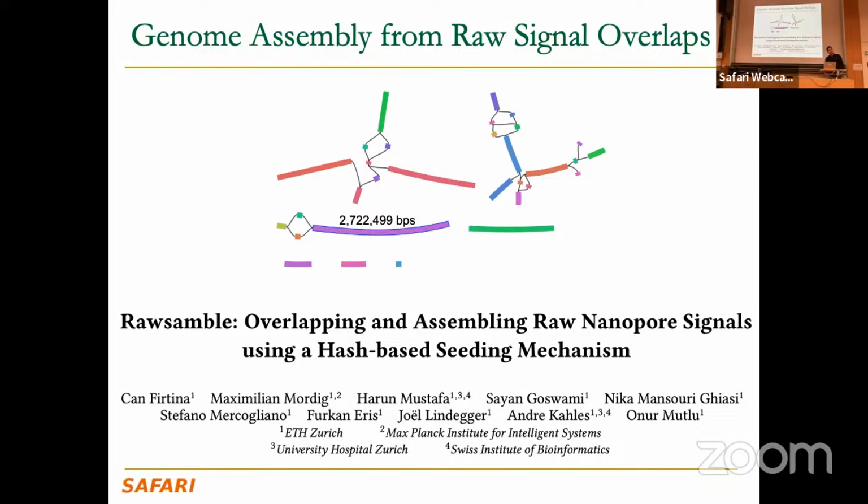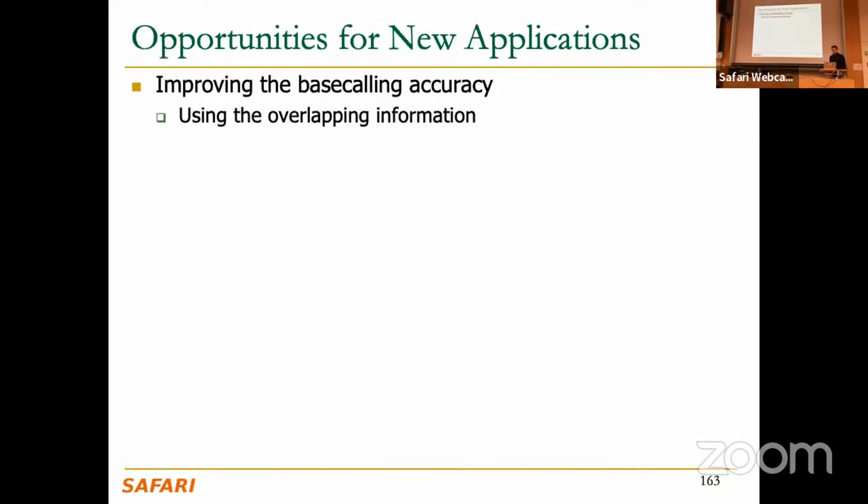So by just overlapping, you increase the synthetic read length by about 400 times. This is, of course, one benefit of overlapping and constructing the assembly. There are many other benefits that we're excited to tackle as future work.